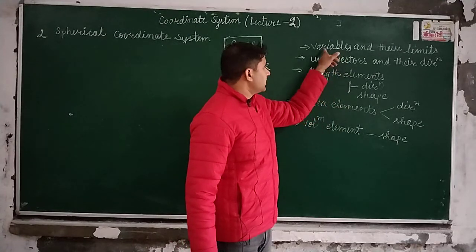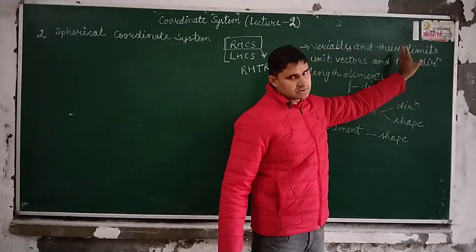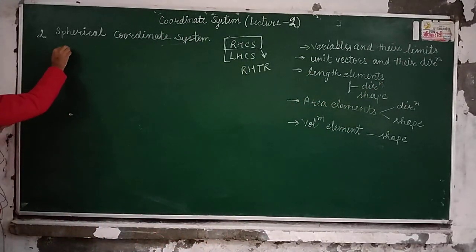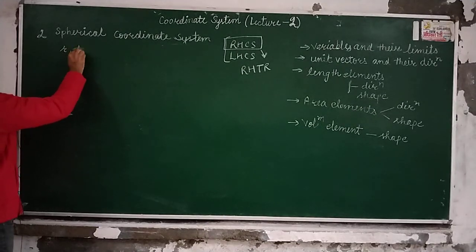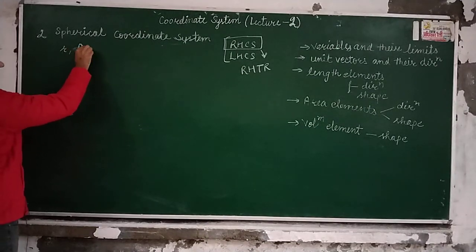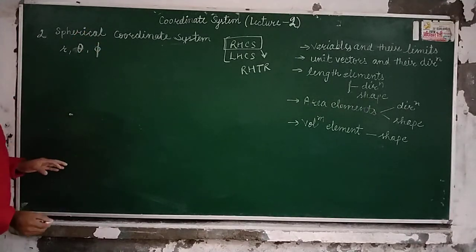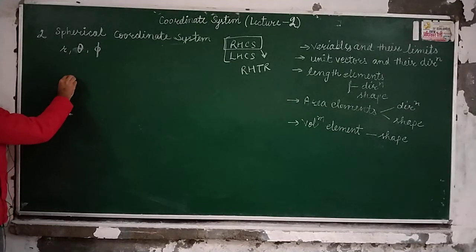So here we first discuss the variables and then their limits. In the spherical coordinate system, the variables are r, theta, and phi.